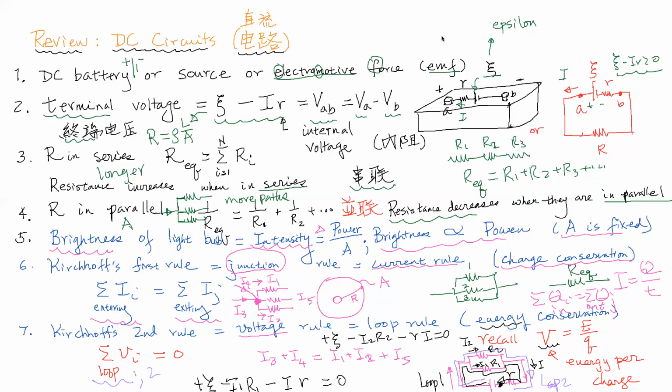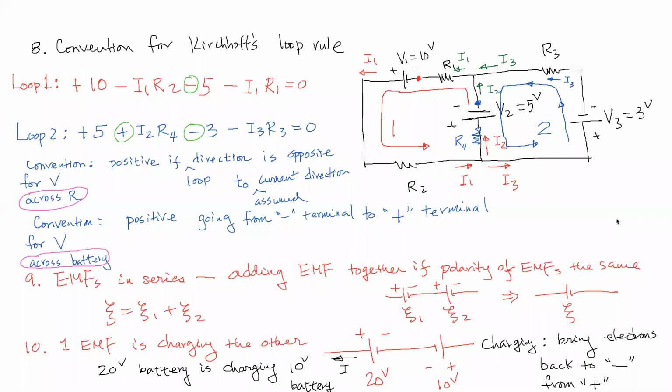We have a little bit more convention for the Kirchhoff loop rule. The junction rule is more straightforward. The loop rule in complicated situations can be a little tricky. So here we define the convention for the loop rule.